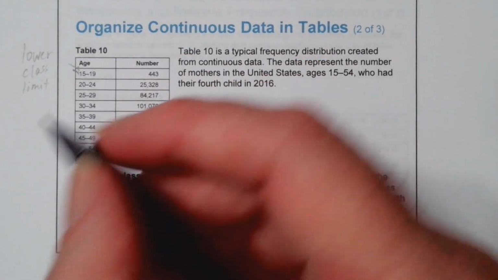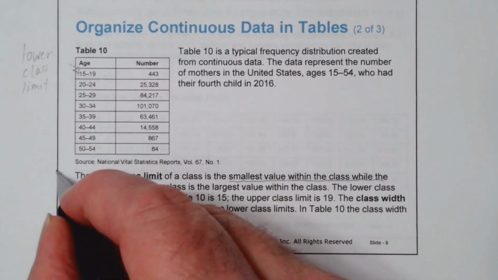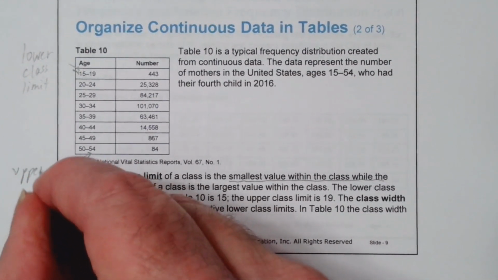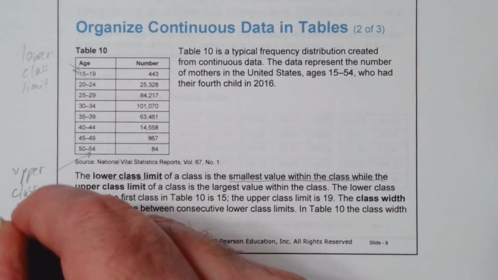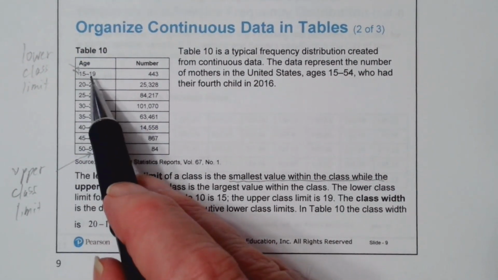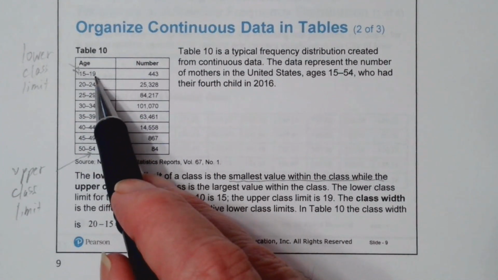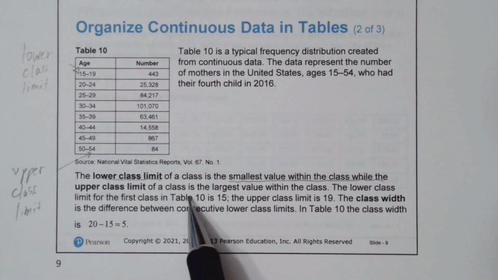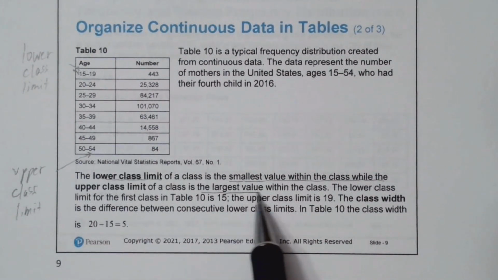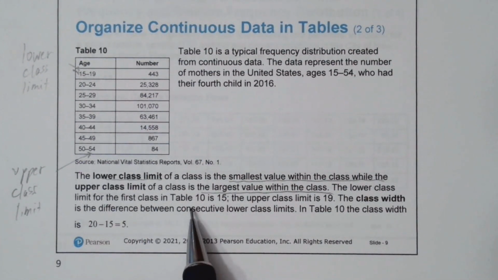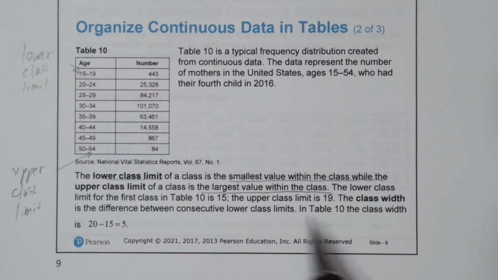And let's go ahead and point to the last class, and the 54 would be the upper class limit for the last class, and the upper class limit for the first class would be 19. So each class has a lower and upper class limit. We said upper class limit is the largest value within the class. The lower class limit for the first class in table 10 is 15. Oh, actually, we talked about that.